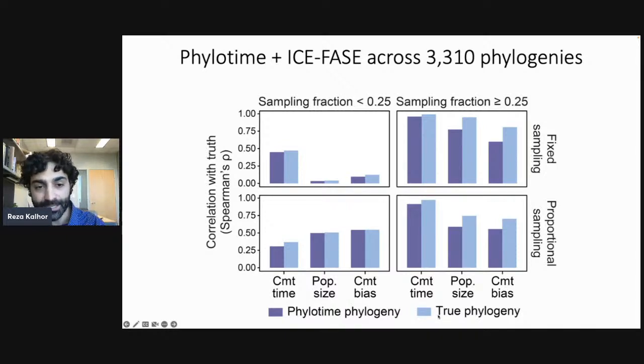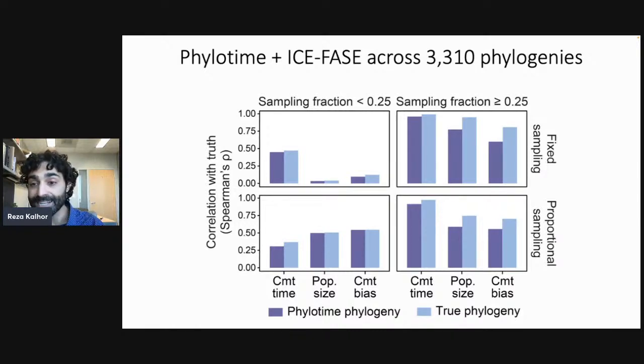Basically, what you're doing here is comparing the dark blue, which is fate map reconstruction using Phylotime, to the light blue, fate map reconstruction using the true phylogeny, and seeing what fraction of correlation was recovered. In general, Phylotime is recovering more than 90% of the correlation with the true phylogeny.